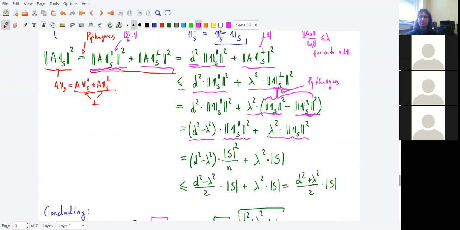Now let me recall what those vectors actually were. This vector was 1 on S, so its norm square is simply the cardinality of S, no surprise. This vector was the vector of all ones times the factor size of S over N. So if I take this norm square, I get N times S square over N square, which gives me S square over N. Perfect.